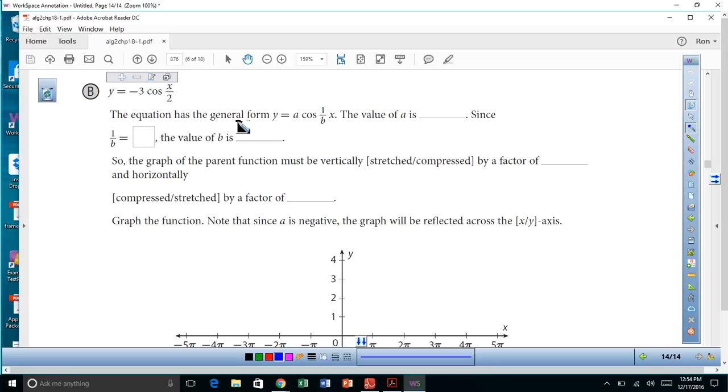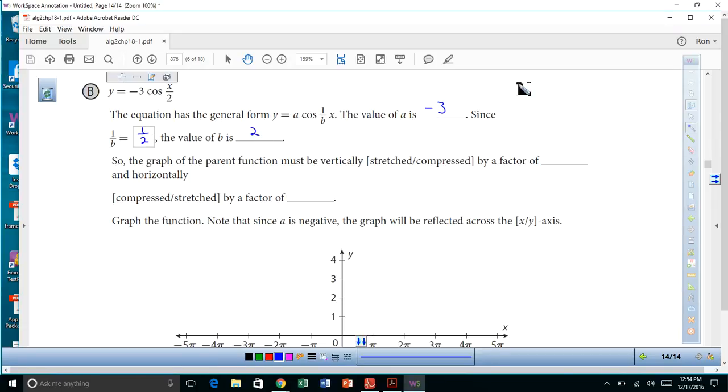The equation has a general form y equals a cosine 1 over b x. The value of a is -3. Since 1 over b equals 1/2, the value of b is 2.